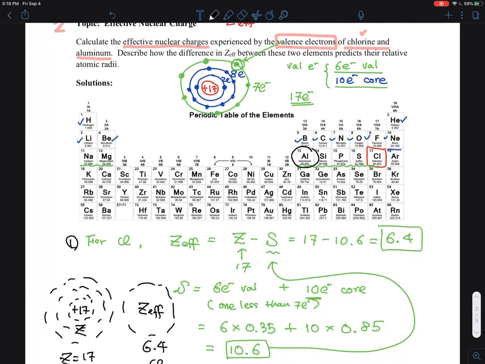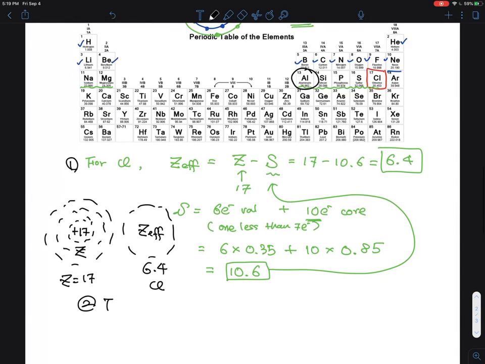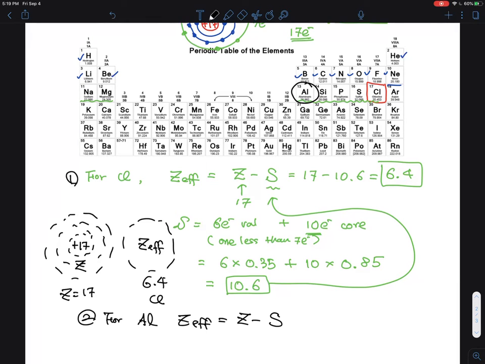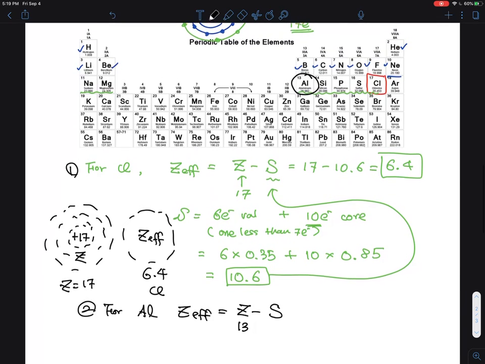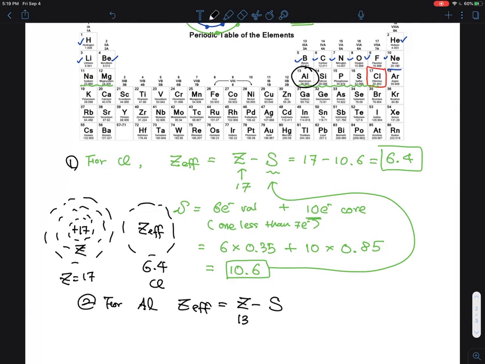For aluminum, Z effective is the same thing, but now Z is 13. So you have 13 protons in the center.